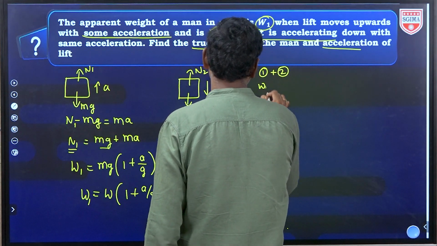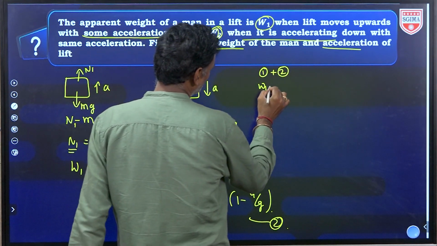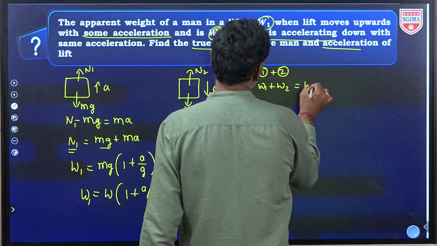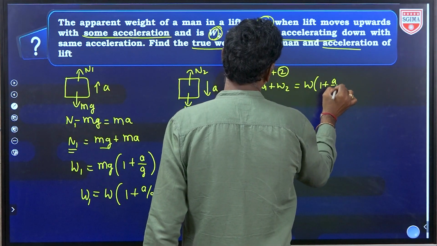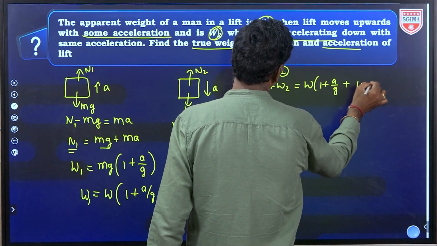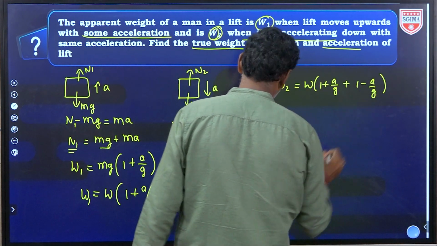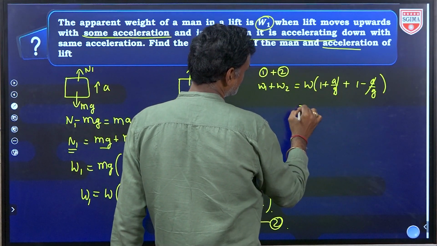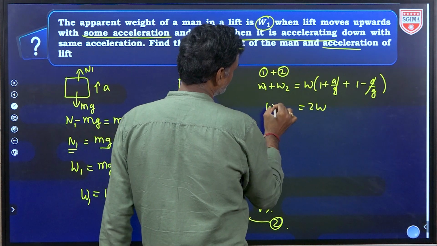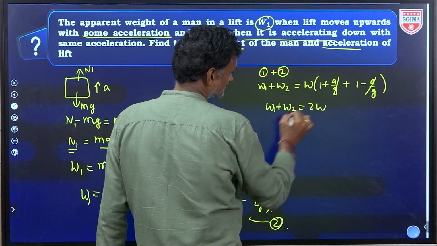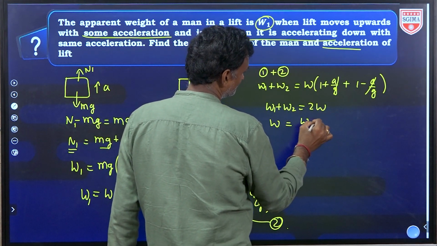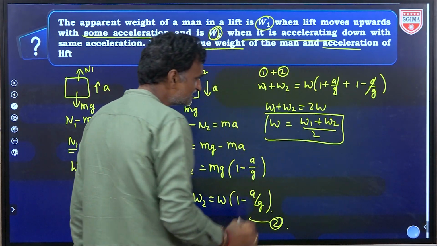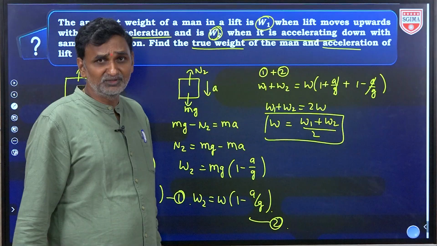W1 and here on the left side W2 equals W times 1 plus a by g plus 1 minus a by g, because here also I have taken W common. A by g cancels, so we get 2W equals W1 plus W2, W equals W1 plus W2 by 2. This is the answer for the weight of the person.